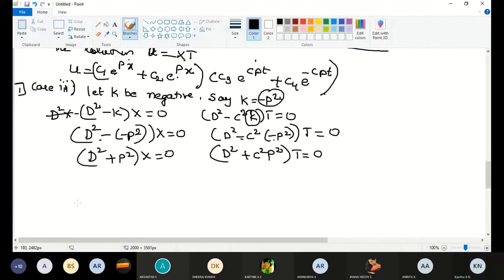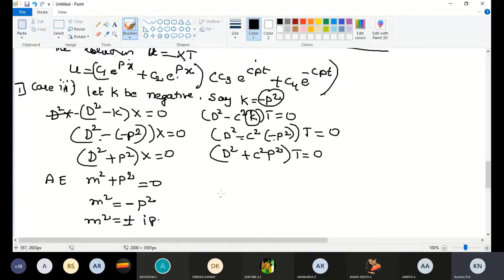Then write the auxiliary equation here. M square plus p square is equal to 0. Means m square is equal to minus p square, means m is equal to plus or minus ip.